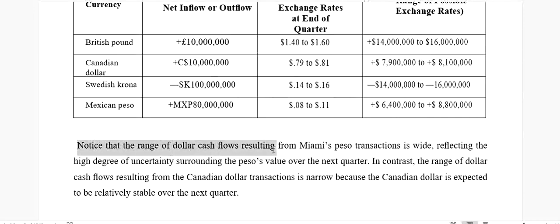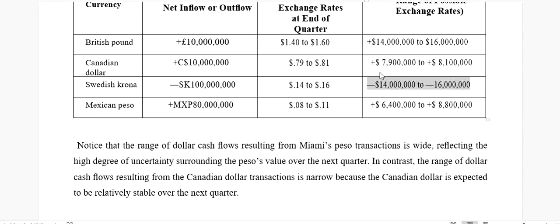The dollar cash flows resulting from the Miami peso transaction are wide. Look at this, from 6.4 million to 8.8 million. Let's assume it's a big range, though there are big values here too, from 14 million to 16 million, with millions involved. So the higher the range, obviously the bigger the risk factor.